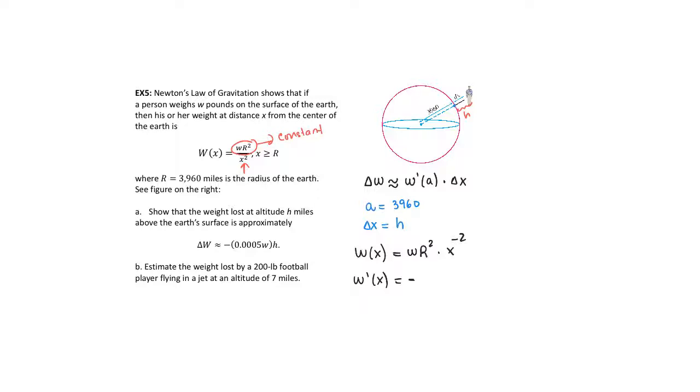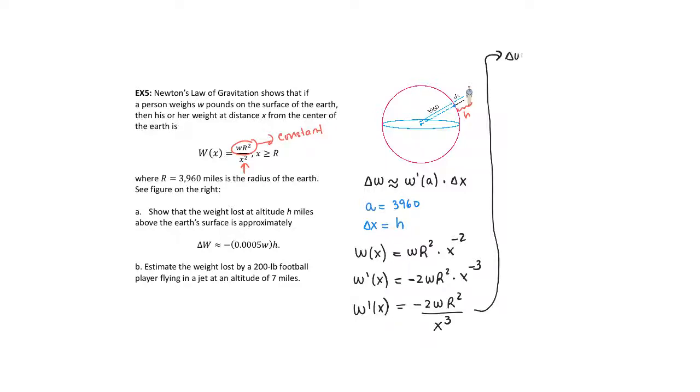That will be equal to negative 2 w R squared times X to the negative 3, or in other words, negative 2 w R squared divided by X to the third. That becomes the derivative.